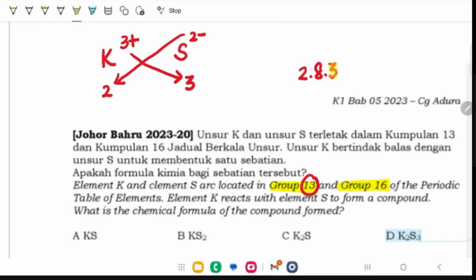So lose the 3 electrons, correct? So it becomes 2,8. This means losing 3 electrons, so it is 3 positive. So the answer becomes K2S3.